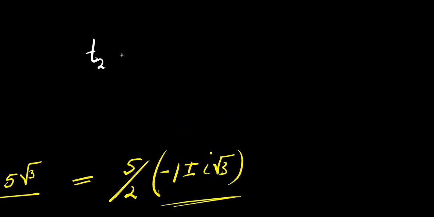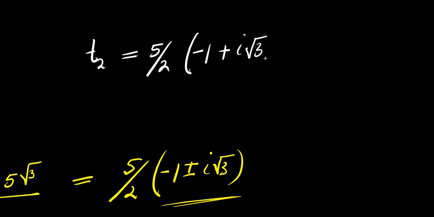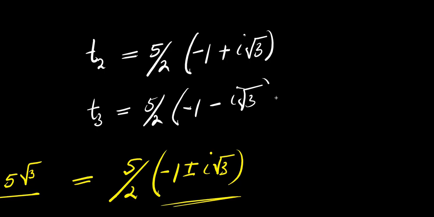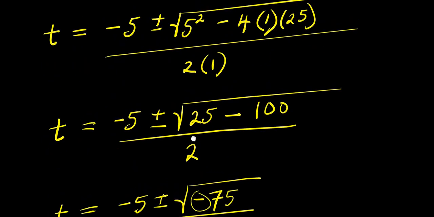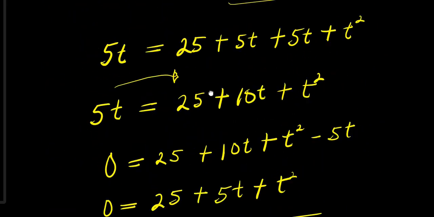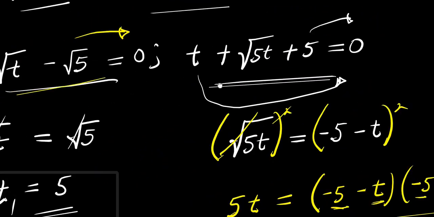Simply have t2 equals 5 over 2 of negative 1 plus i times root 3. I have t3 equals 5 over 2 of negative 1 minus i times root 3. So these are the two complex values for t. We also have one real value for t, which is t equals 5.